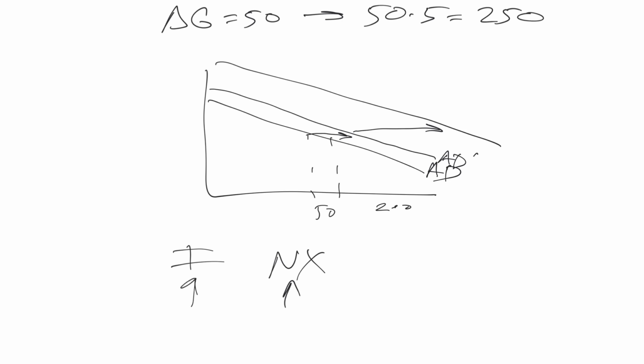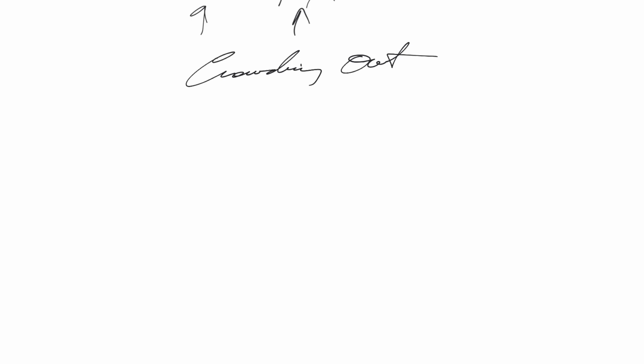Now, the reason why possibly 50 million would result in less than 50 in aggregate demand: crowding out. Going back, government spends 50 million more.